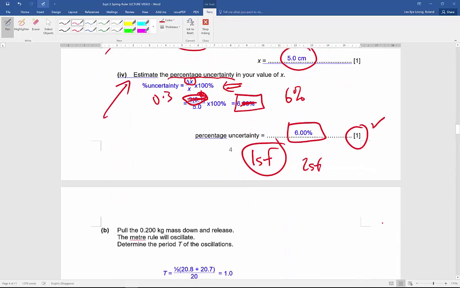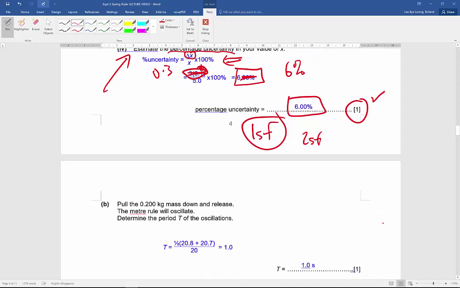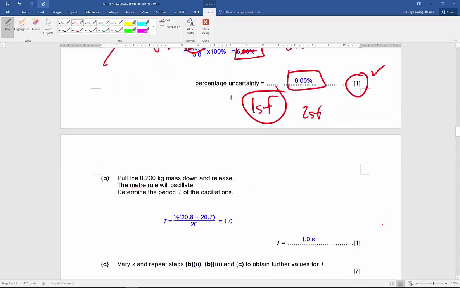Okay, next. You're supposed to determine the period of oscillation. So let's look at this. Now, this is not acceptable because for practical, anything that you record, it has to be clearly written. The marker must know what you have recorded and how did you calculate. Okay, so you cannot just write a formula like that. You must mention the number of oscillations. So number of oscillations equals to 20.